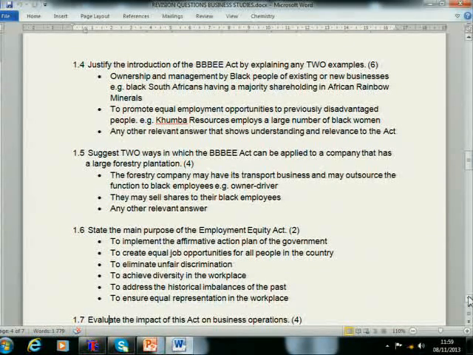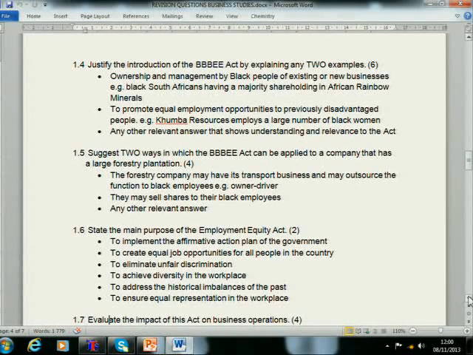The business is able to do everything on their own. But the moment they apply the broad-based black economic empowerment, wherein blacks have to be empowered, they may take that part of the job of transport and outsource it to the black employees. The moment they do that, they are actually trying to make sure that they comply with the act.